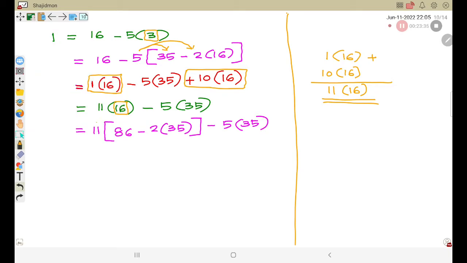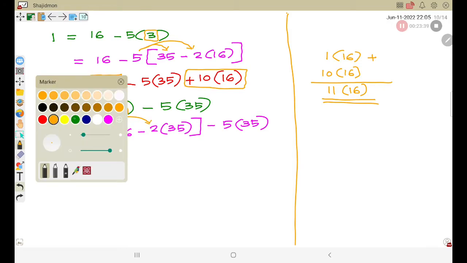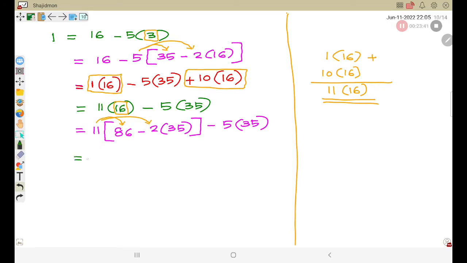Now distribute the 11 to the first and second terms in the bracket. So you get 11 multiply 86, minus 11 multiply 2, which is 22, with 35 the same in the bracket, minus 5 multiply 35, the same as we wrote.